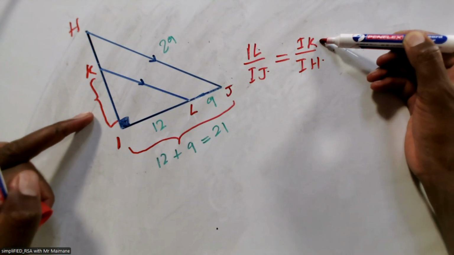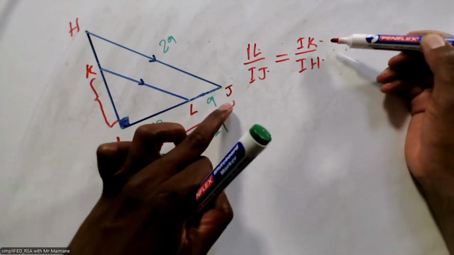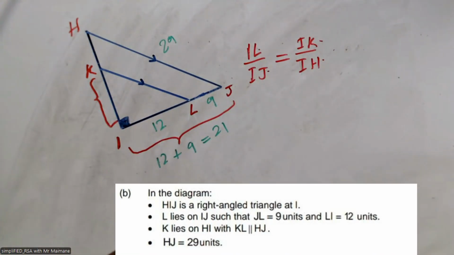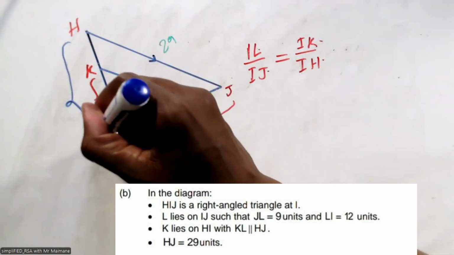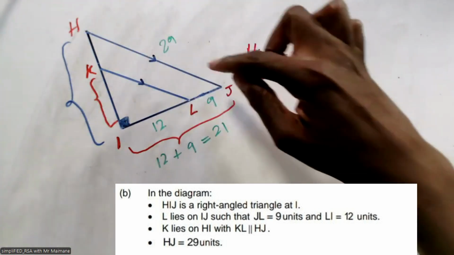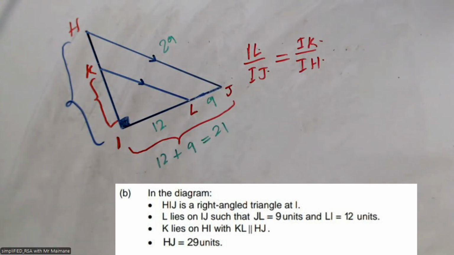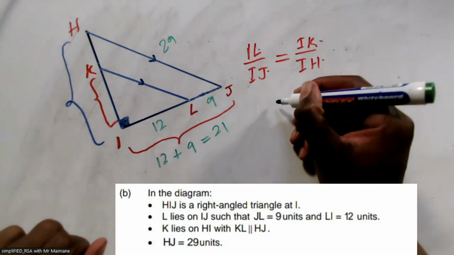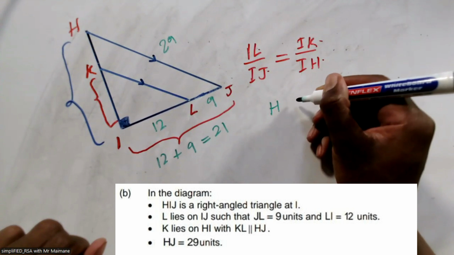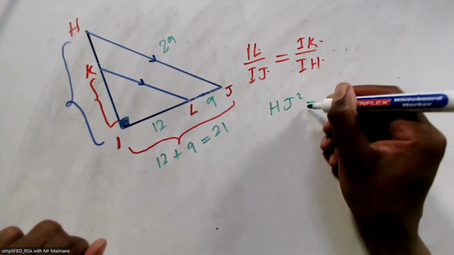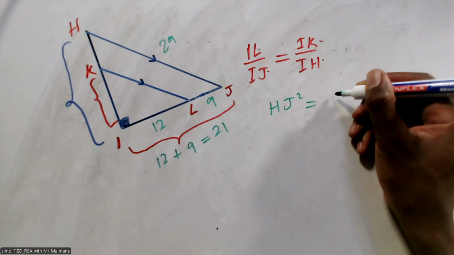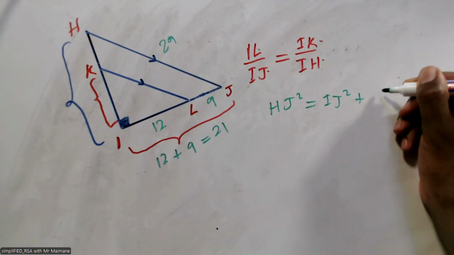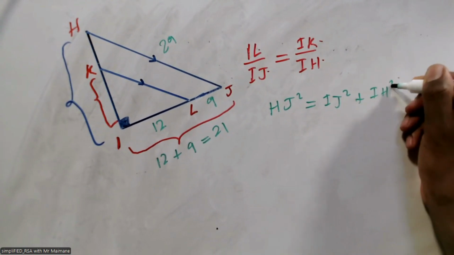But since they told me that HIJ is a right angle triangle, I think somehow using Pythagoras theorem, I can get IH, you see, given that HJ is my hypotenuse. So this is how I'm going to construct my Pythagoras. Look, I will say HJ squared is equals to IJ squared plus IH squared.